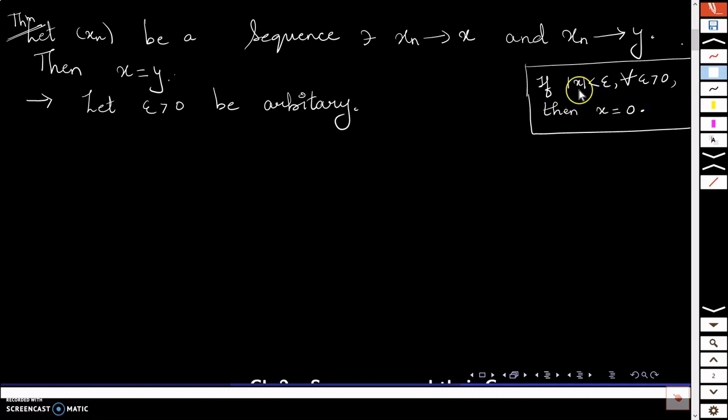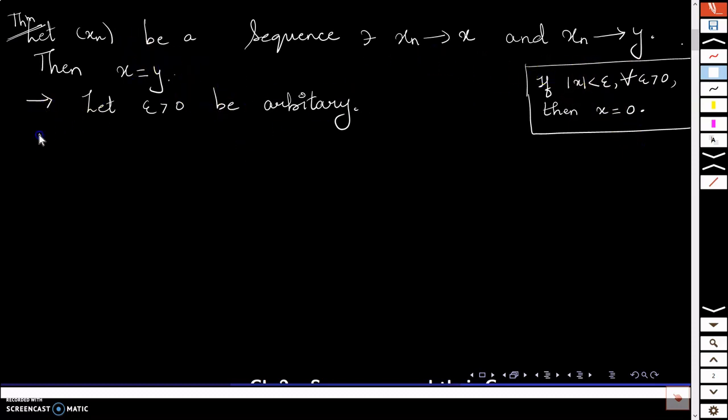I might have used some other notation instead of x, but this is the idea. So if modulus of some number is less than epsilon for every epsilon positive, then that number itself is 0. This is what I will be using to show that x is equal to y.